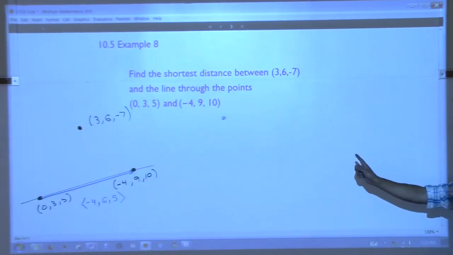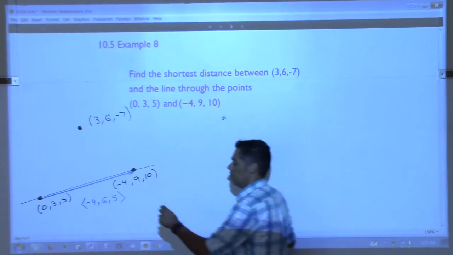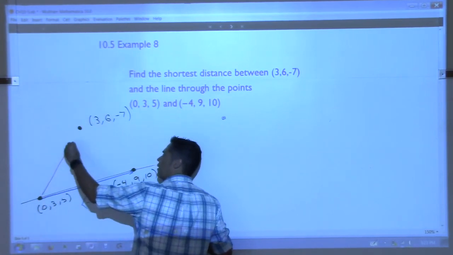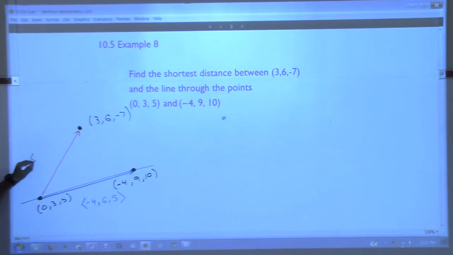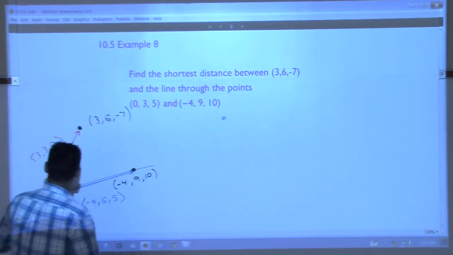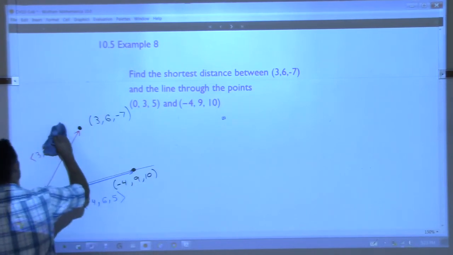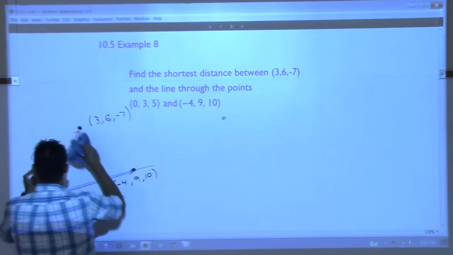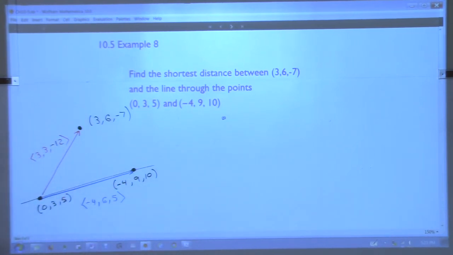Any point on that line to the point that we're trying to get the closest to. So this one is the vector 3, 3, 2. I believe that's a 5, right? Oh, no, negative 12. And now we can just go straight to the formula.